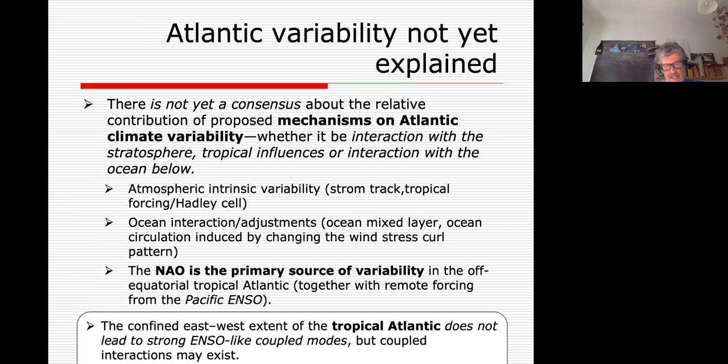But the confined extent in the zonal direction of the tropical Atlantic is too small to lead to strong ENSO-like coupled ocean-atmosphere modes. Possibly some coupled interaction may exist, but at the moment we don't have any clear evidence for that. So the Atlantic variability at decadal scale is not yet fully explained, even if some correlations and some links have already been soundly detected.